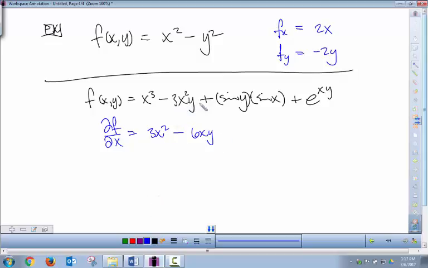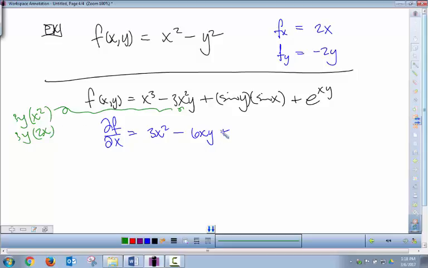Just pretend the 3 and the y are constants, and take the derivative of x squared, and multiply that with the 3 and the y. You can pull it out as 3y and then take the derivative of x squared. So 3y times 2x is 6xy.